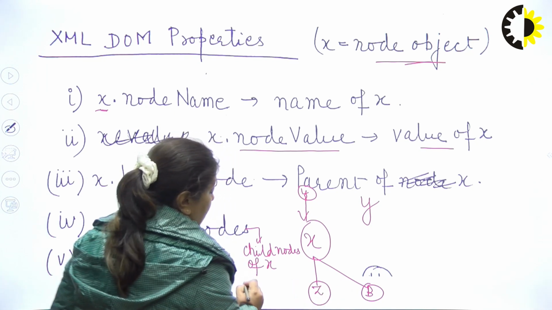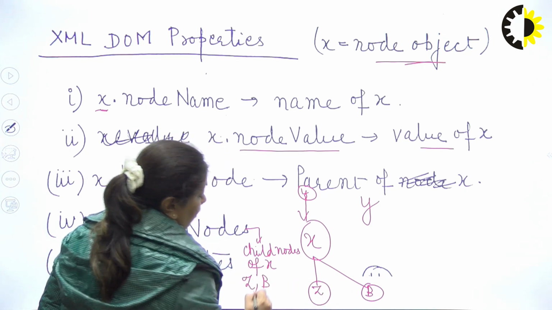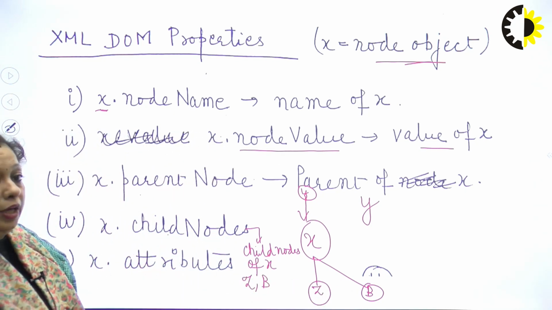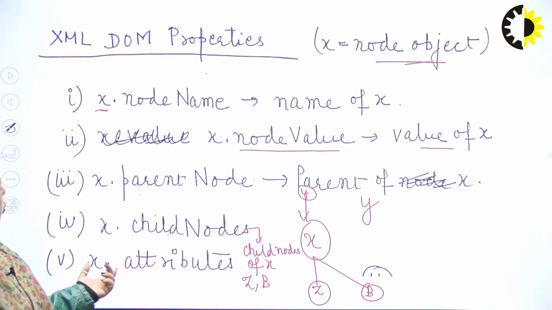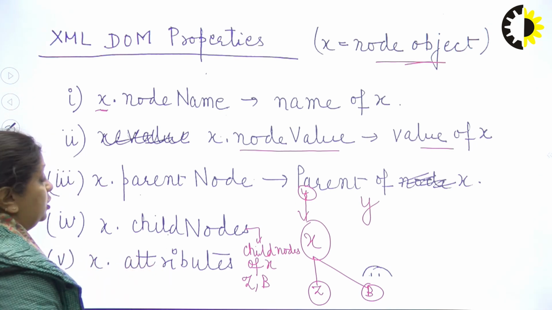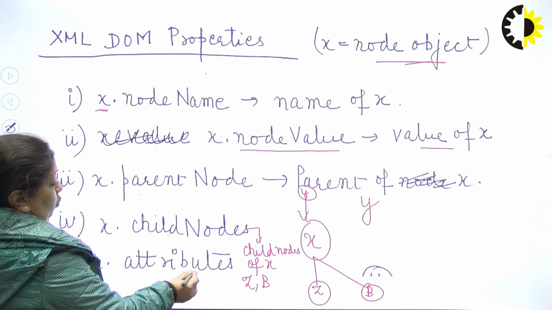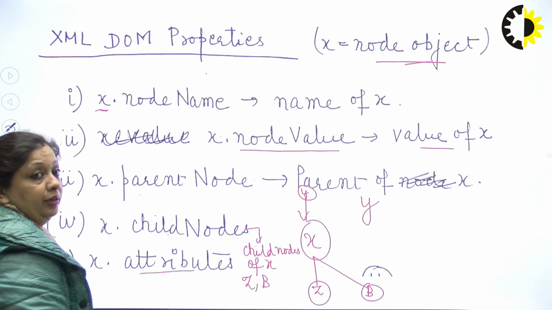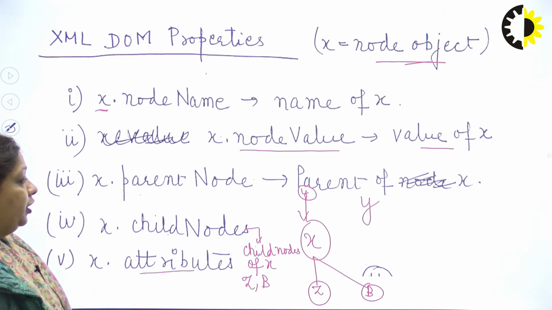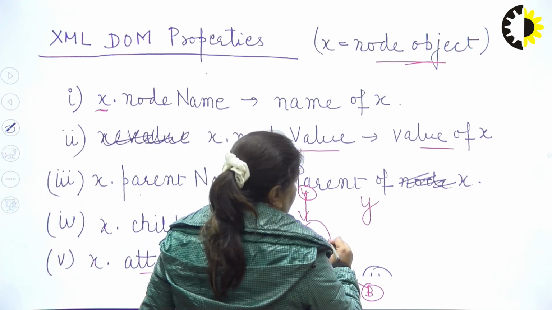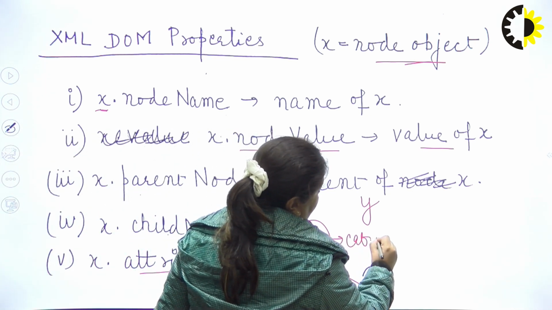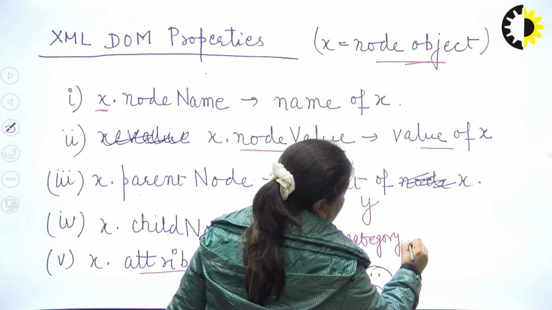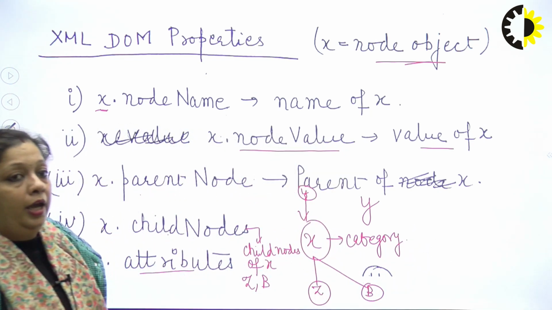Both the child nodes, that is z and b. Okay. And at last we have x dot attributes. This is my DOM property. So this actually returns the attributes associated with x. For example, for this x we have certain category. So it is going to return me this category as an attribute.